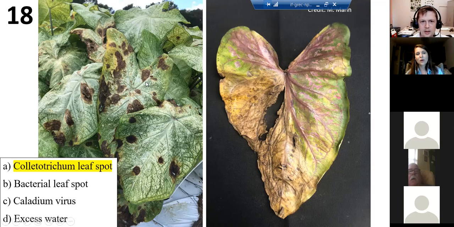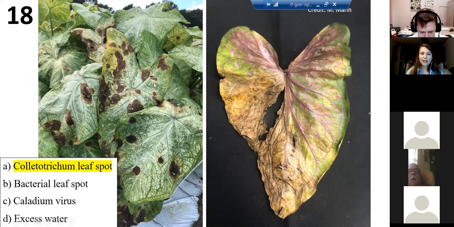What's concentric? Circles. Okay. Yeah, so here on the right side it would be a more advanced stage, and that's when all these spots merge together and cause the leaf to die and lose parts. But here you're looking at something where the symptoms are more limited, whereas in virus you wouldn't see symptoms like that.